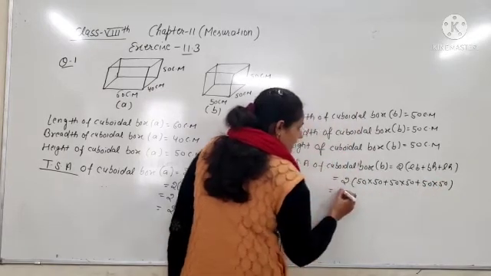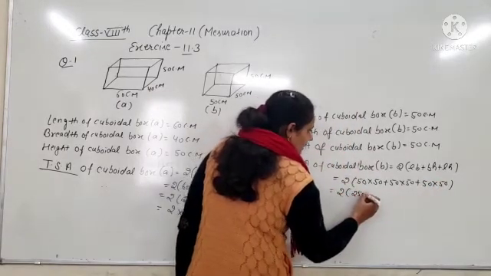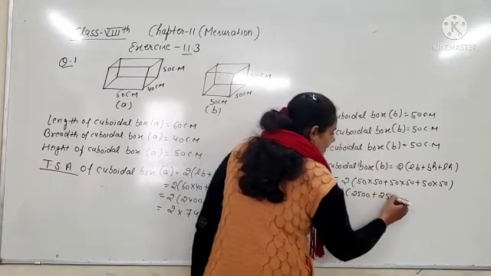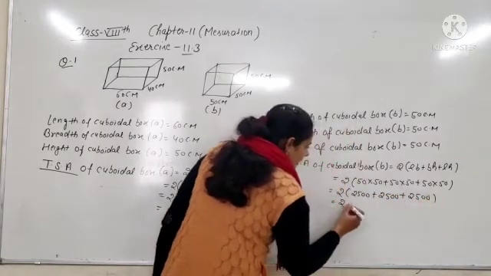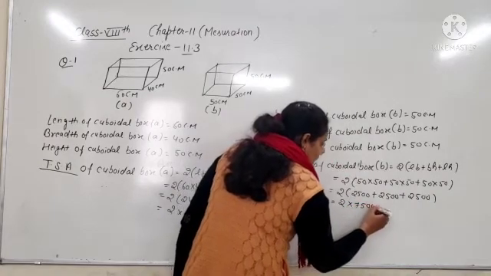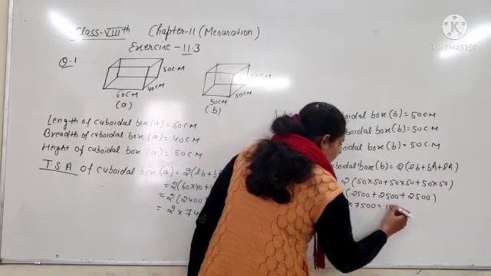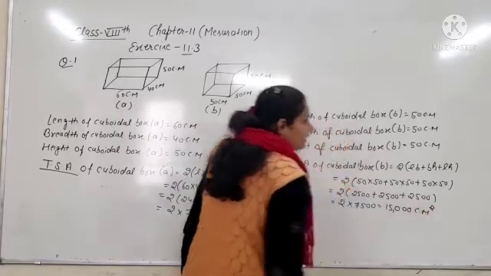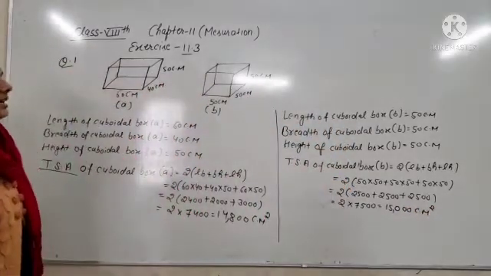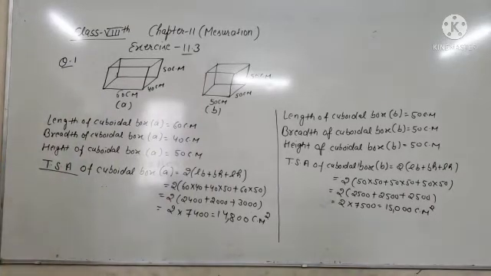Clear? Now multiply that: 2500 plus 2500 plus 2500. Now it will be 2 into 7500, and 15,000 centimeter square. Clear? So the area of cuboidal box B will be 15,000 centimeter square.